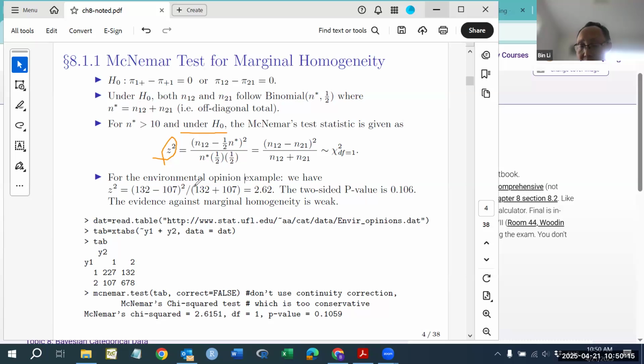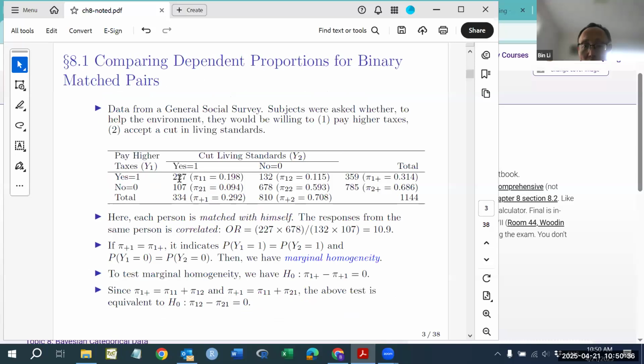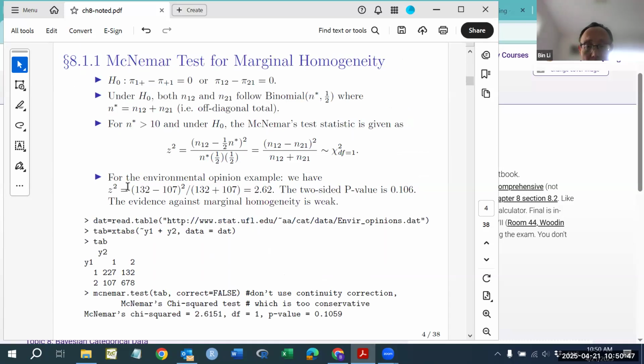So in this environmental opinion study, the test statistic z squared uses N12 minus N21, so 132 minus 107.